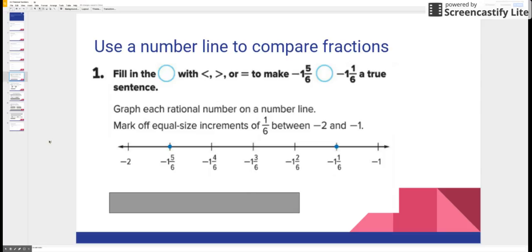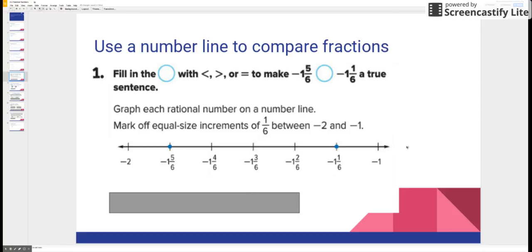Use a number line to compare fractions. So one way to compare fractions is to use a number line. So we have -1 and 5/6, and we have -1 and 1/6. -1 and 5/6, if we plotted a point on a number line, would be around here, and -1 and 1/6 would be here.